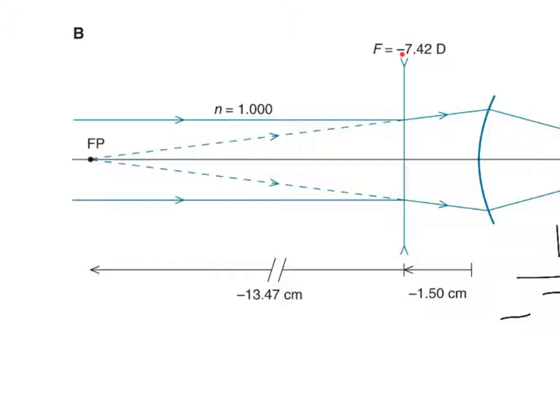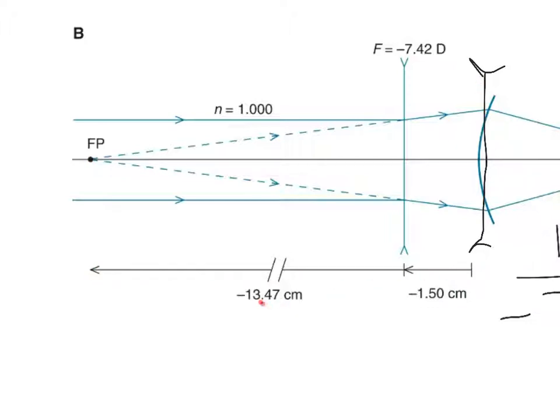Once you have this distance, you need to find the distance from the far point to the eye, because you're trying to find out the contact lens prescription. That's very simple.